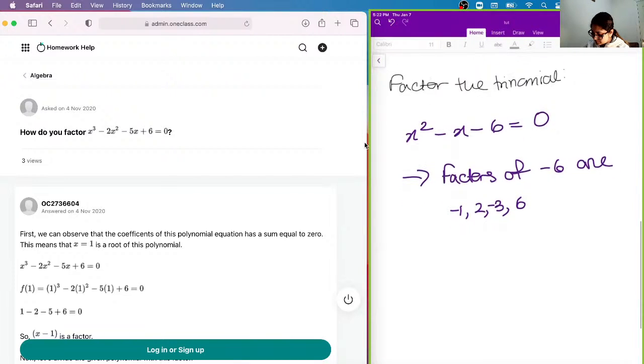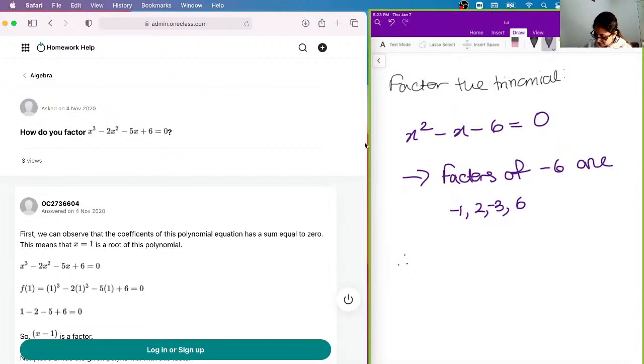Either one of the two, out of these 4, could be negative, right? So I just assumed they could be -1 and 6, which would give you -6. And so you guys probably know that yes, -1 times 6 will give you -6, but it won't give you -1 once you add them. So we can see that -3 times 2 would give you -6, and -3 plus 2 would also give you -1. So our factors that we're going to use are 2 and -3.